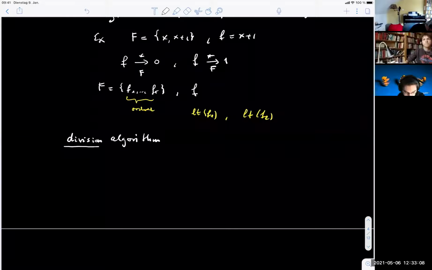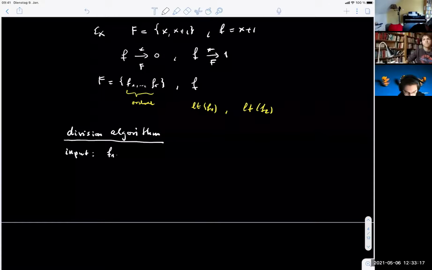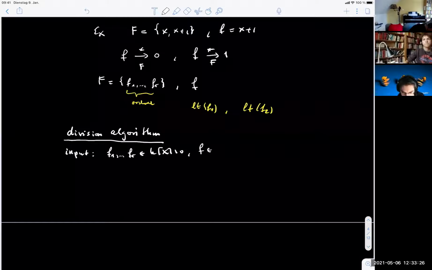I have to say what the input is: a collection of non-zero polynomials, always in many variables, and the polynomial f. The output: these coefficients a1 up to ar that appear in the lemma, and the remainder g.